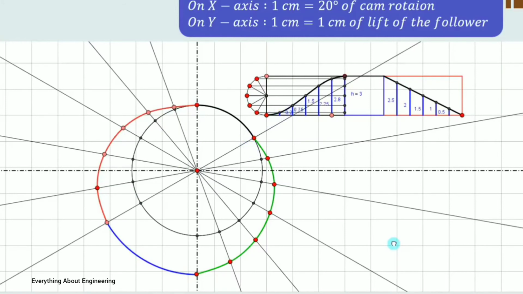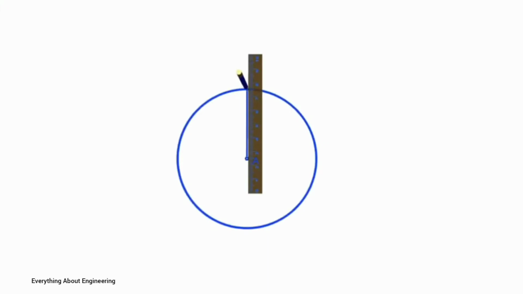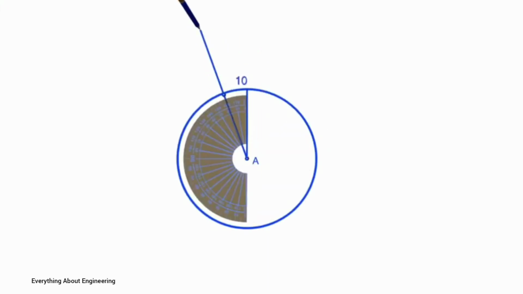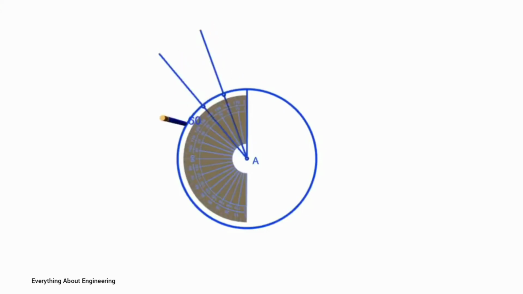Now we'll see how actually we'll draw this particular diagram. So let us start with our actual drawing of the cam profile. As the outstroke is of 120 degree, divide it into 6 equal parts.